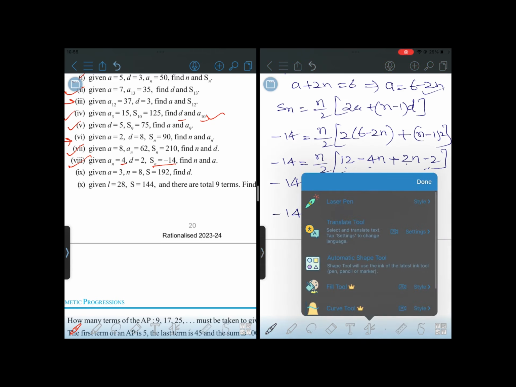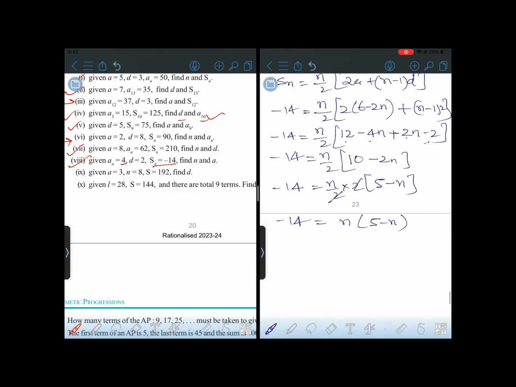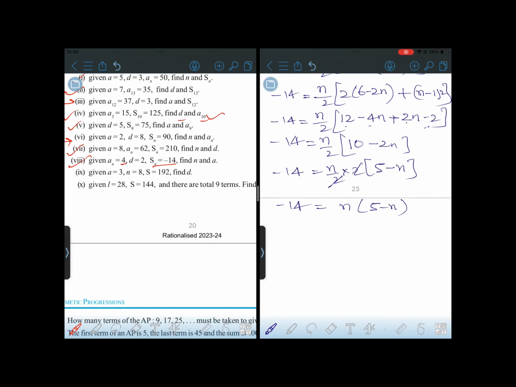So now finally we got minus 14 is equal to n into 5 minus n, right? Let's multiply inside this. That becomes 5n minus n square equals minus 14.